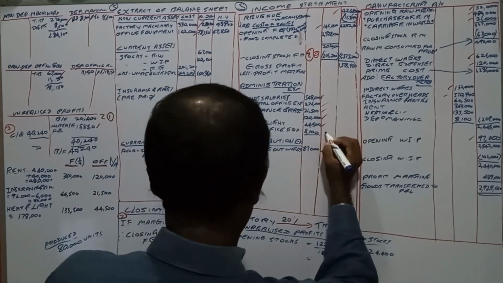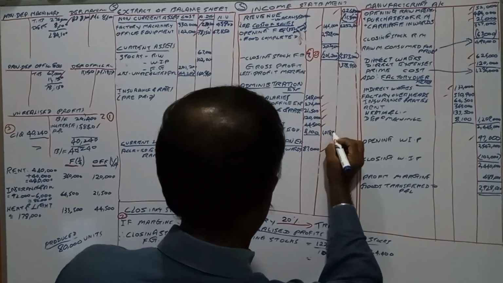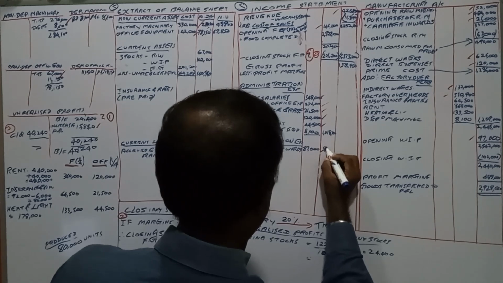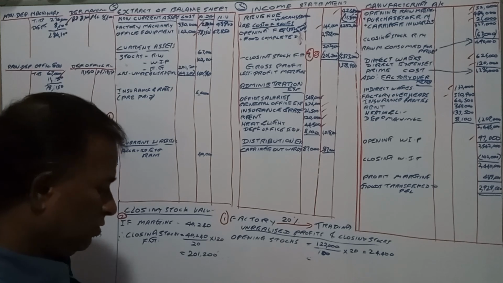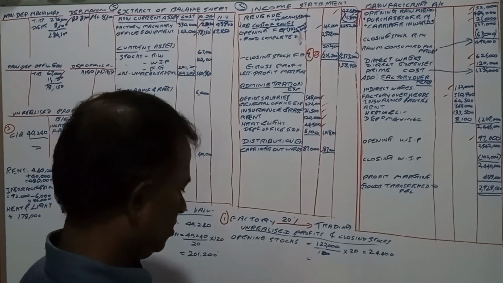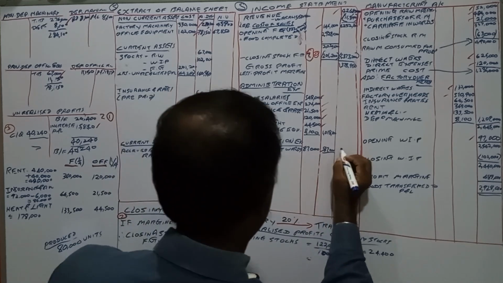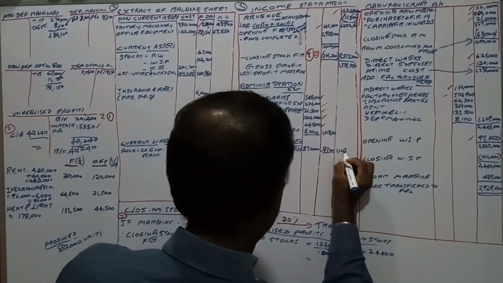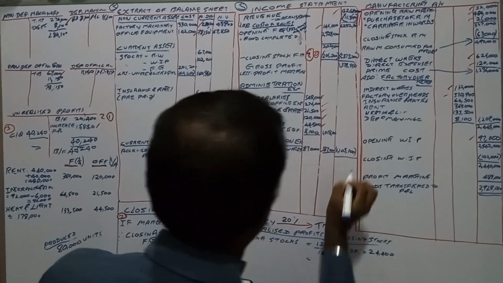That is 1,018,100. You have to add 87,000. Then you will arrive at 1,105,100. This has to be deducted.